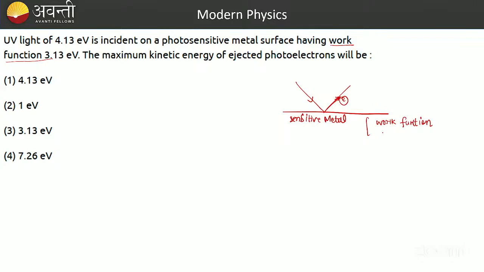So work function is the minimum amount of energy to eject the electron from the metal surface.